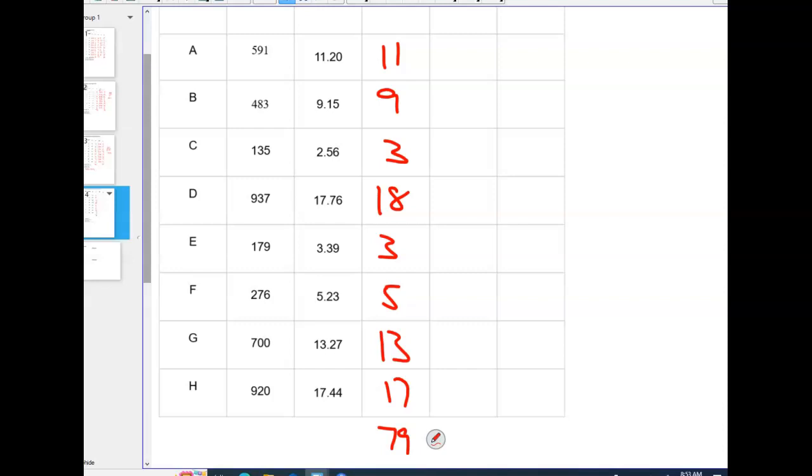Like E is close, but it's not as close, and it's a smaller population, so it's not going to move as quickly, whether that's up or down. So in this case, what I would want to do is make this 17.50. So I'm going to take my 920 and divide by 17.50. 920 divided by 17.5 gives me 52.57.